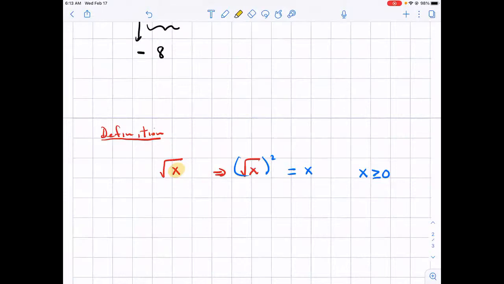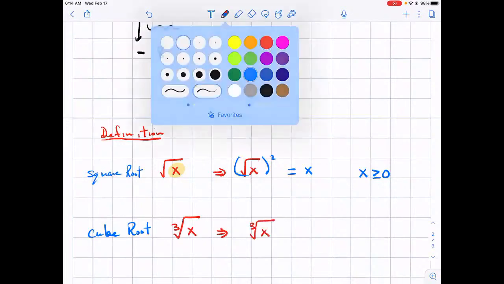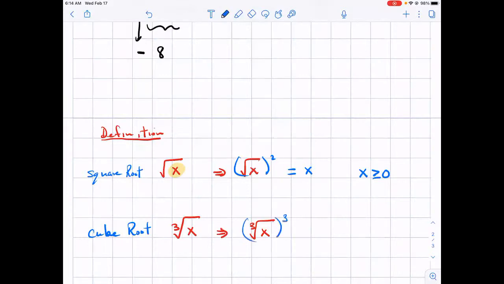These are square roots. The same also holds for what we call a cube root. So the cube root of x, and if we cube the cube root of x, if we raise that to the third power, this is also equal to x.